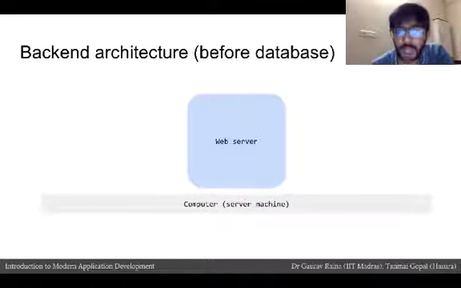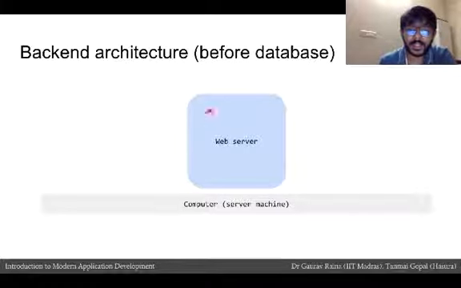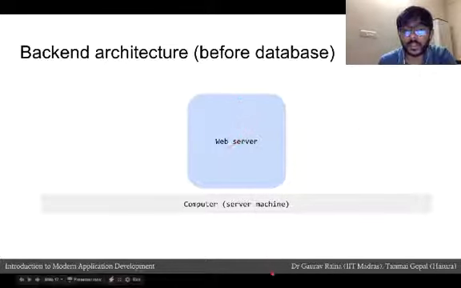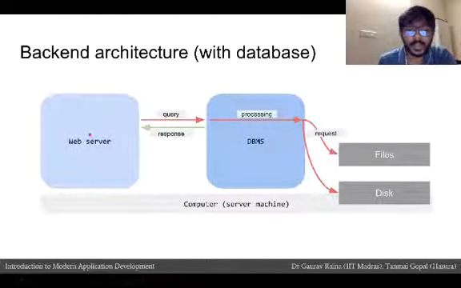Before we had a database, this is kind of what our server-side setup looked like. There was a computer, which is the server machine, and on top of that was our software, which is a web server, right? Once we have the database, our web server should be able to make a request to a database, load data, and then use that to process requests and give out responses. So this is what that setup looks like.